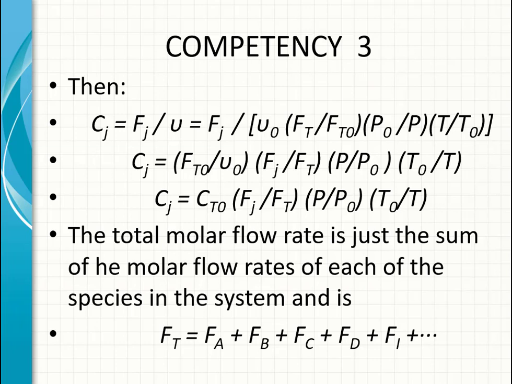So at the end, we will have that the concentration Cj is going to be Ct0 times Fj divided by Ft times P divided by P0 times T0 divided by T. But the total molar flow rate is just the sum of the molar flow rate of each of the species in the system. That is, Ft is equal to Fa plus Fb plus Fc plus Fd plus Fi, and so on.